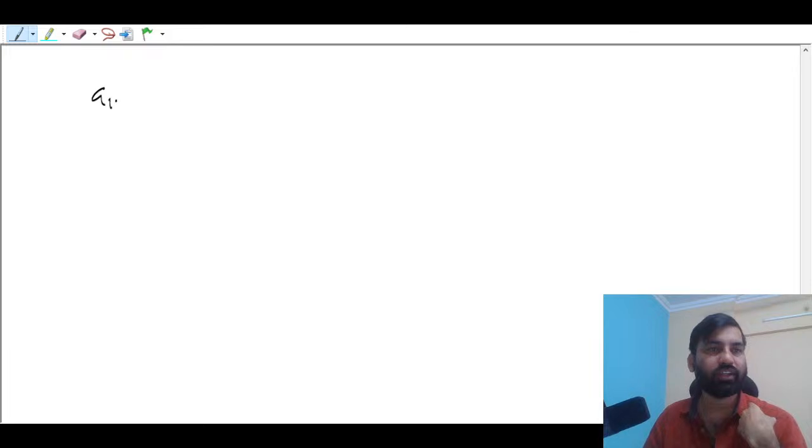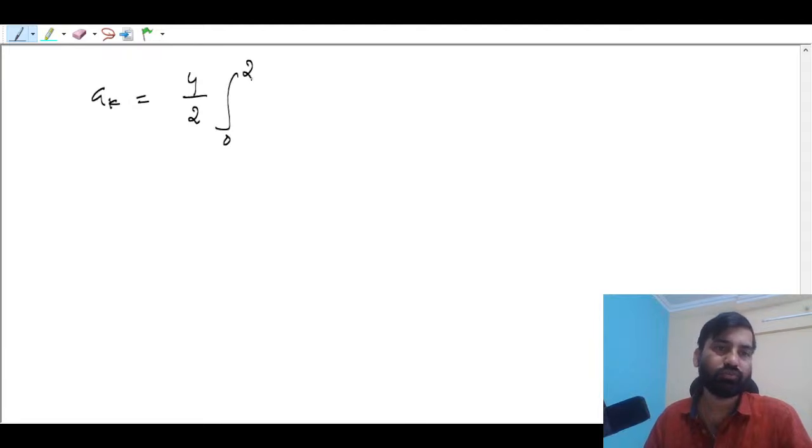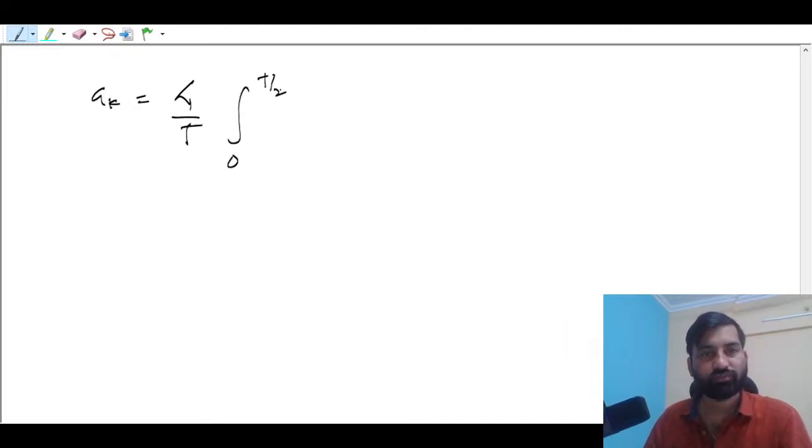You have to just find AK. AK is nothing but 4 by the time period, that is 2, and 0 to 2. I mean 0 to 2, but now you have to go from 0 to 1 only, right? So your formula should be like this: 4 by T, 0 से लेके T/2 x(t) cosine k omega naught t dt.